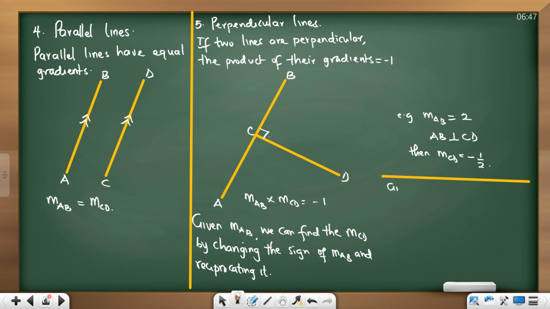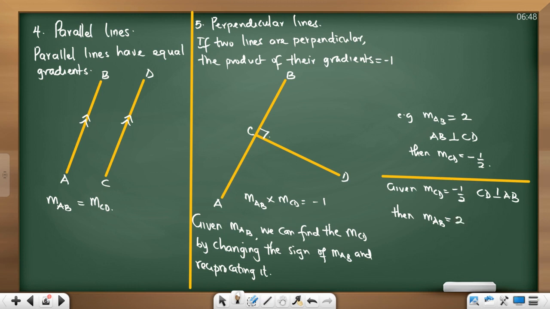Even if you are given the gradient of CD, so we just change the sign. Given that the gradient of CD equals negative half, and you know that CD is perpendicular to AB, then gradient of AB, what do we do? That one is a negative, we make it a positive, right? 1 over 2, we reciprocate, 2 over 1, and then we are done.